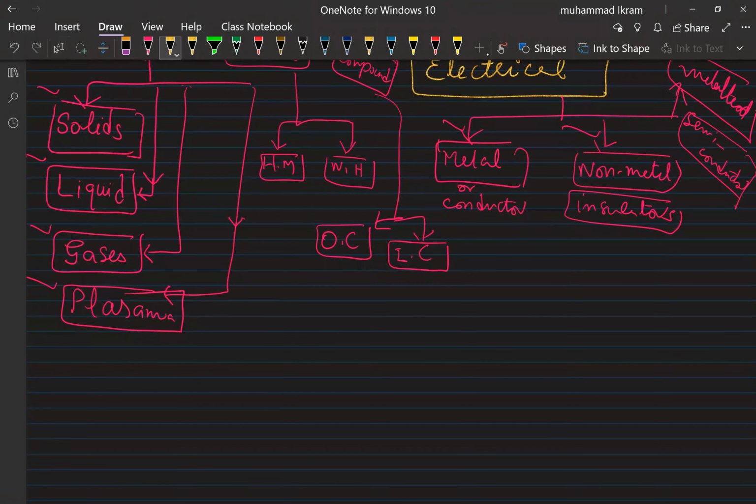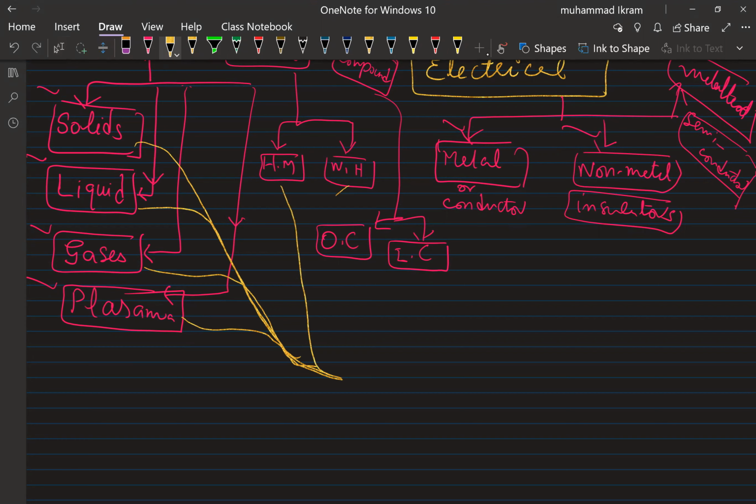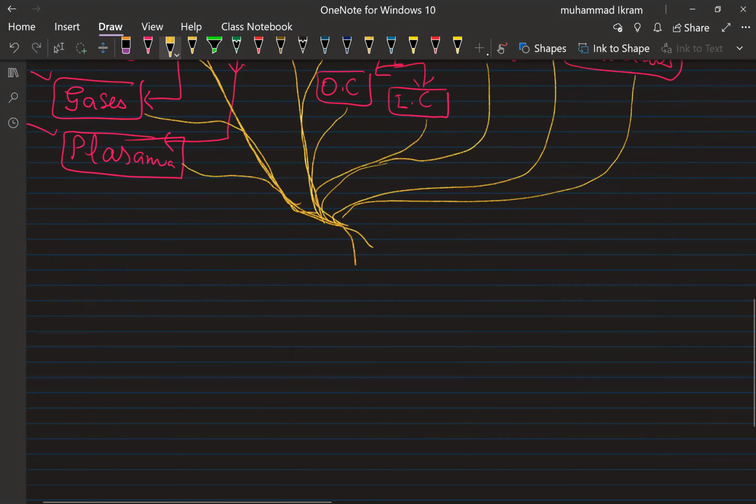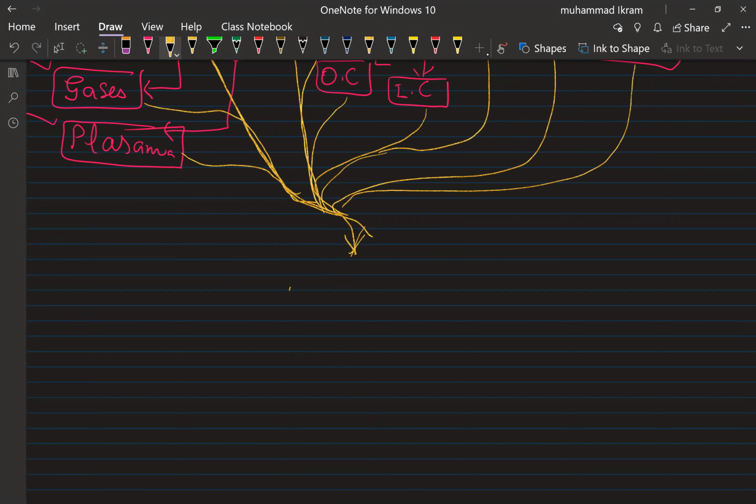Now, whatever the situation, whether it is solid, liquid, gas, or plasma, or even a superatomic state, whether it is a homogeneous or non-homogeneous mixture, organic or inorganic compound, whether they are metals or non-metals, or insulators or conductors, they all have one thing in common. Do you know what is common between them?